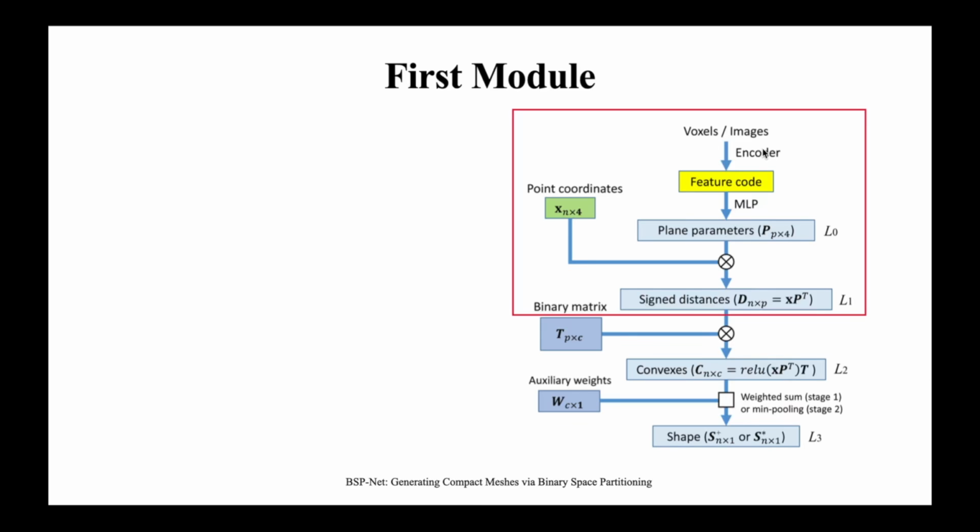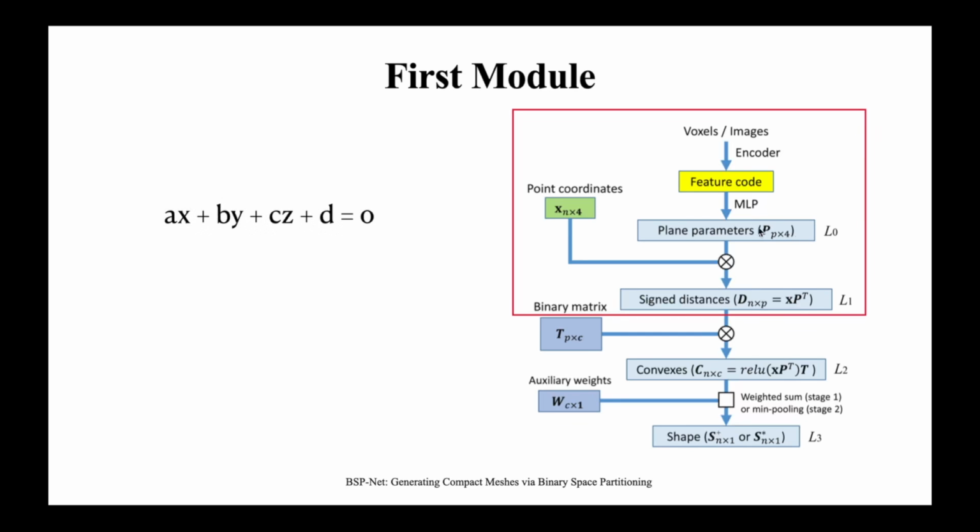For 3D objects, they use a 3D-CNN as their encoder. So the first module takes the feature vector as input and outputs p times 4 values, which represent the parameters for p planes in 3D space.